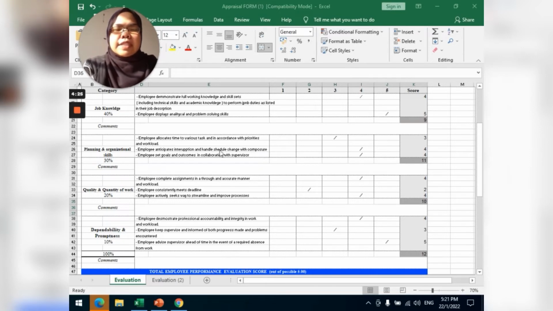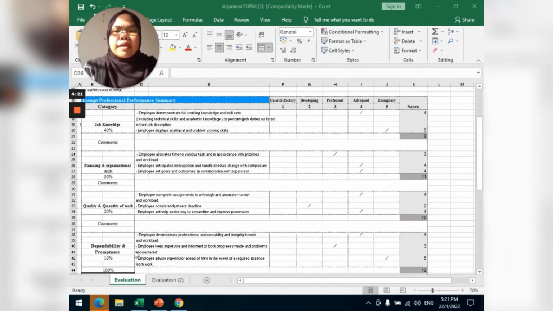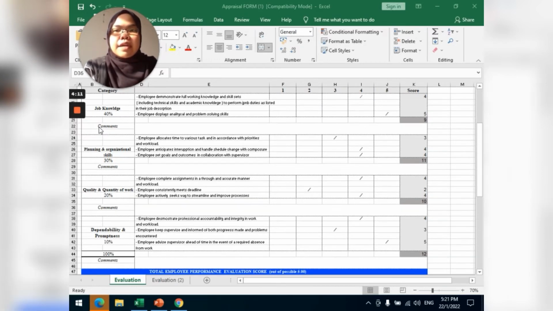Here we have two pages of categories for the professional performance summary. The first categories are job knowledge, planning and organizational skills, quality and quantity of work, and dependability and promptness.